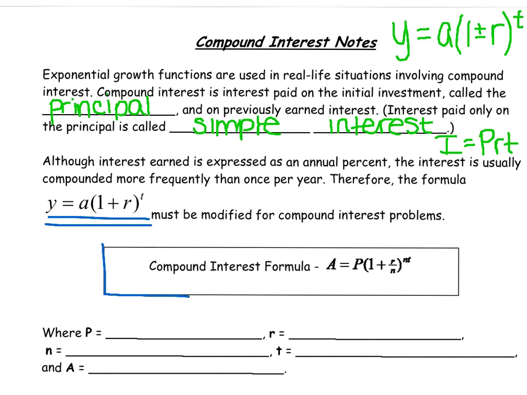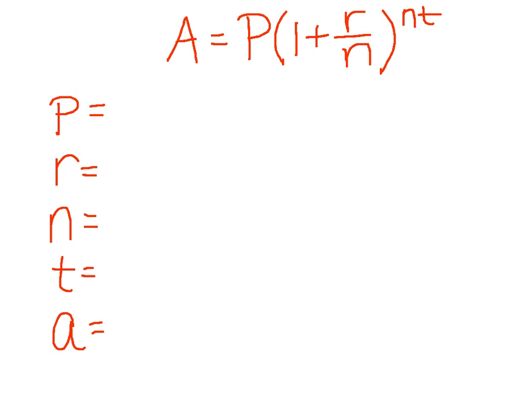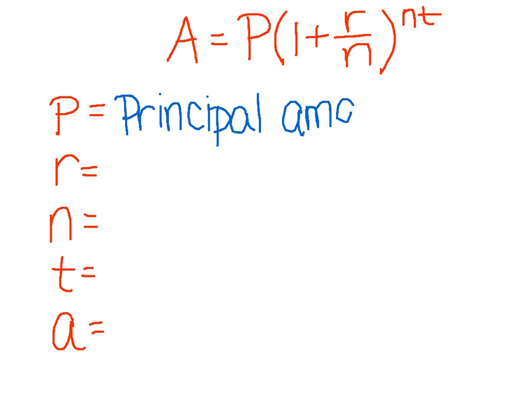So here, this is our important formula, compound interest formula. A equals P times 1 plus R over N to the NT power. Let's discuss what this means. So we have our formula, and as we learned today, P, that's the principal amount. It's our initial investment.